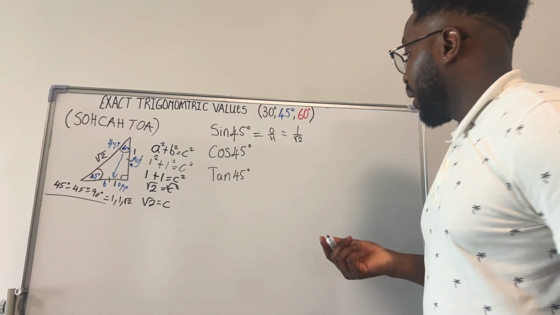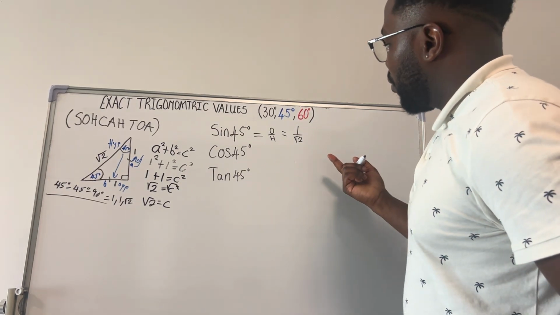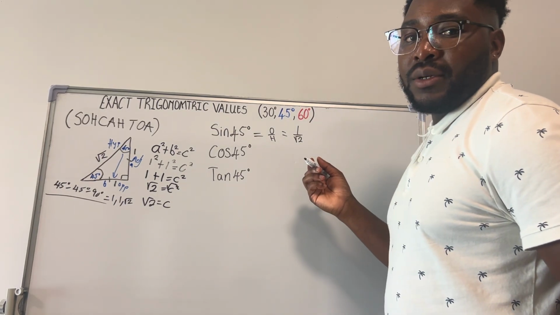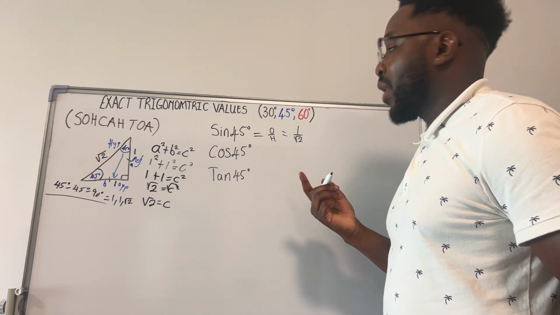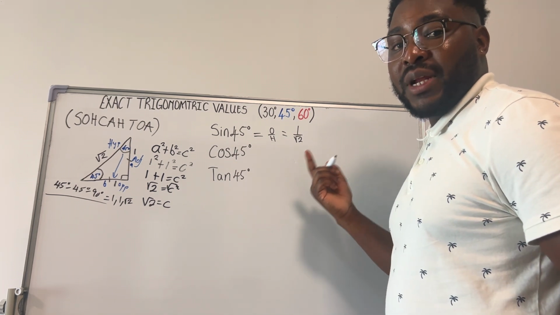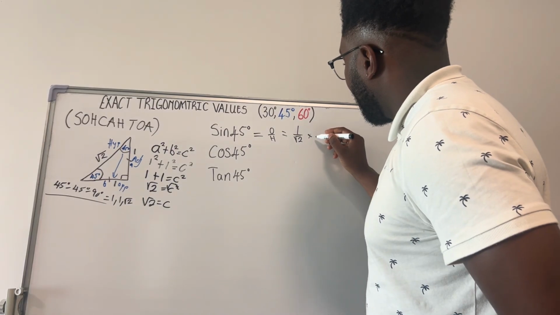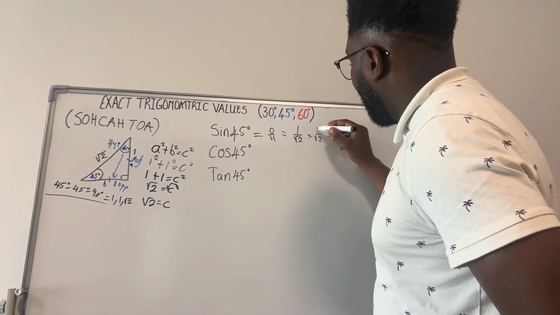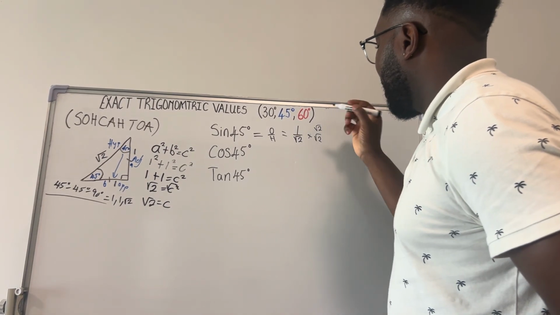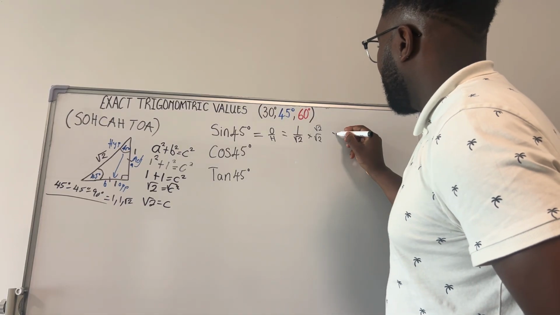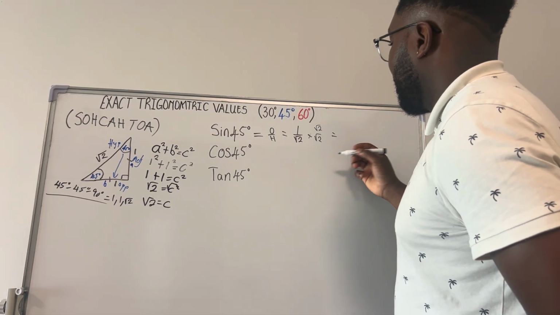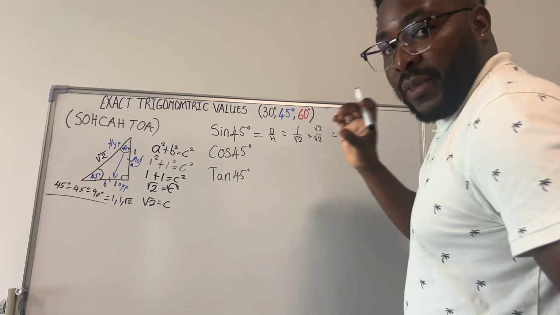Now we don't want a denominator with a square root, so we have to rationalize our denominator by multiplying the denominator by the square root of 2 and the numerator by the square root of 2. I'll do it in a detailed way.